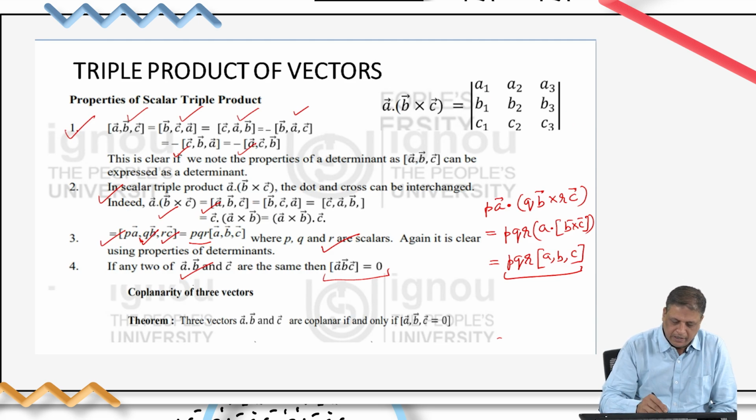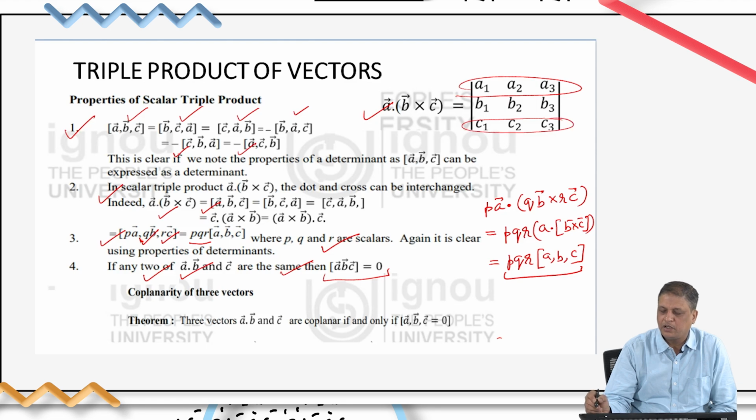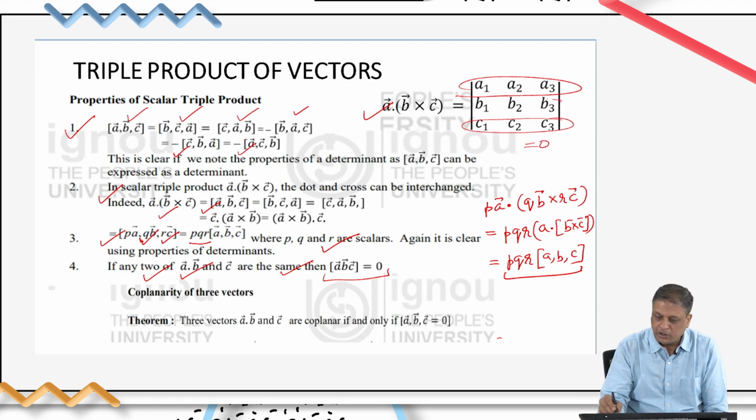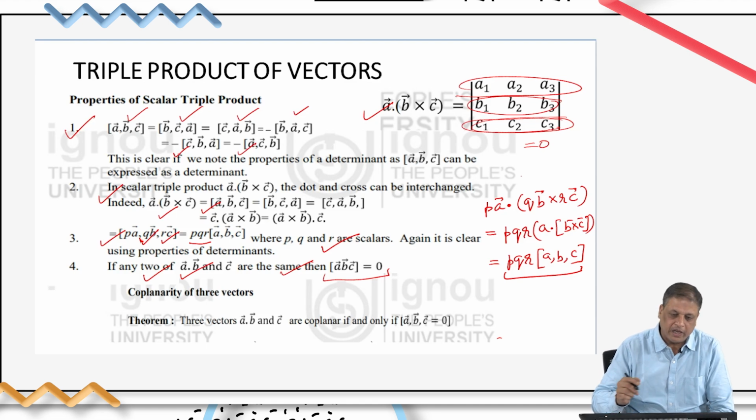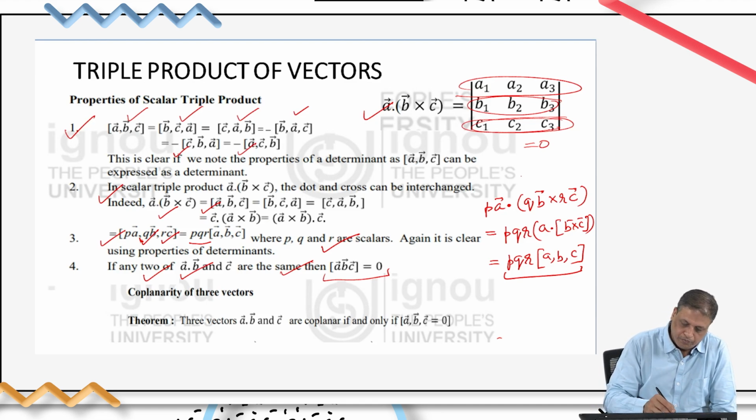So, if any two of A, B, C are the same, then A dot B cross C turns out to be 0. Whether B is the same as C, or A is the same as B, if any two vectors are the same, then this turns out to be 0.